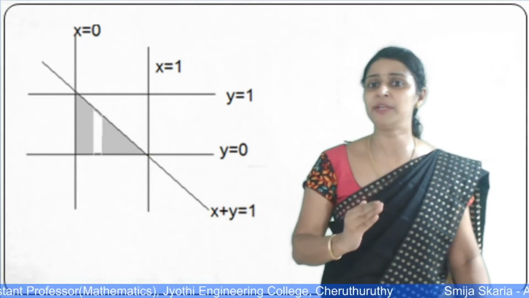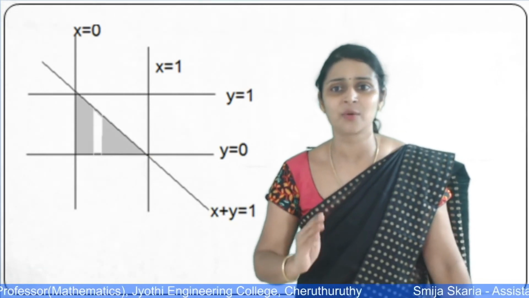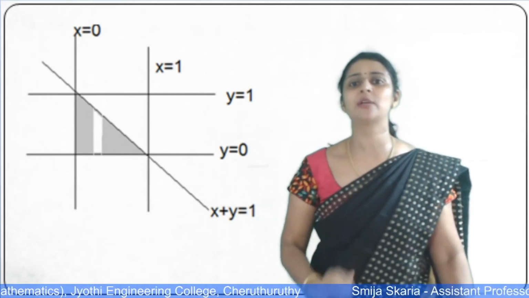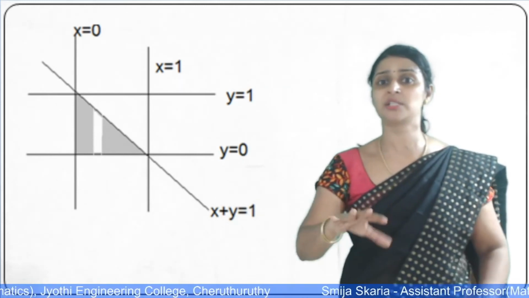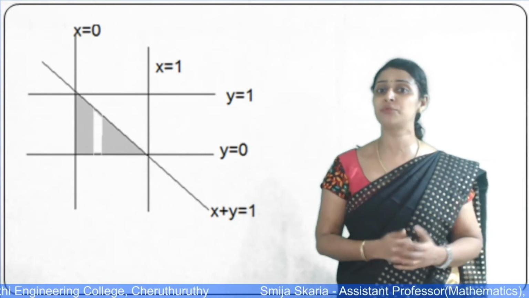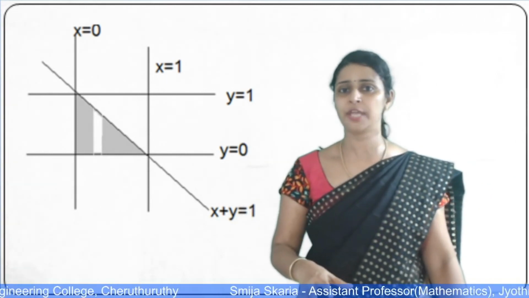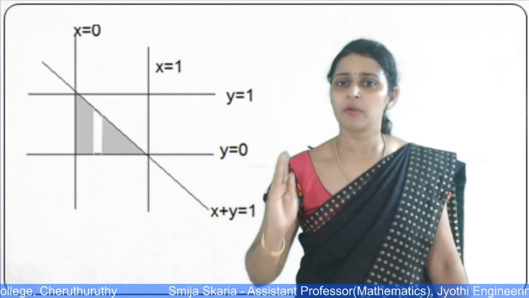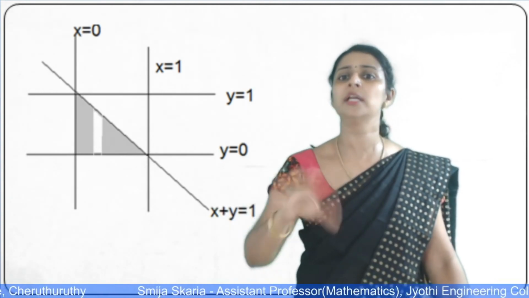Instead of this variable limit for y and constant limit for x, we can interchange. If you want, you can give constant limit for y and variable limit for x. That is also possible. Okay. So either give constant limit to x and variable limit to y, or in reverse manner.